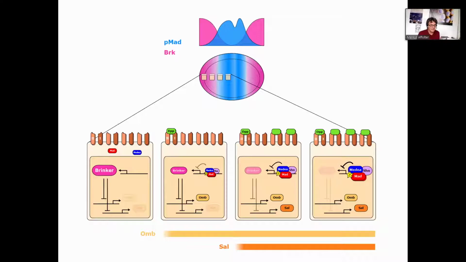The nice thing is that the morphogen is read out at one single genomic locus, which is the Brinker locus. And Brinker has 10 such binding sites for MAD Medea Schnurri trimers. Connie Basler tried to remove some of them because we thought evolutionarily, you make bigger wings or smaller wings depending on how many sites you have.